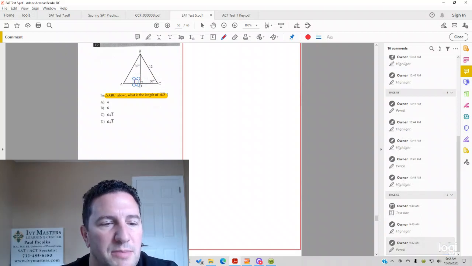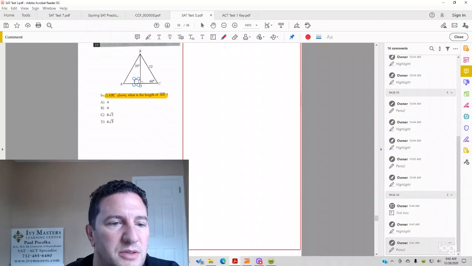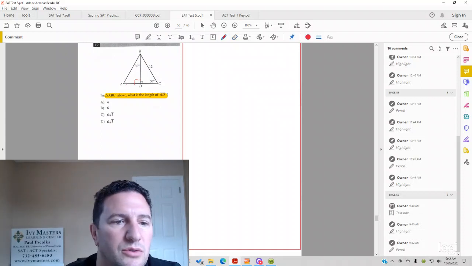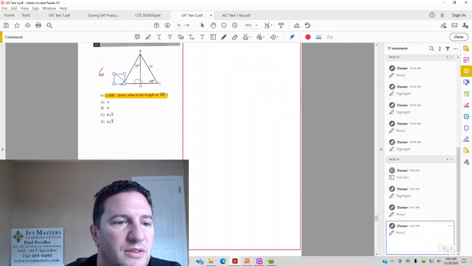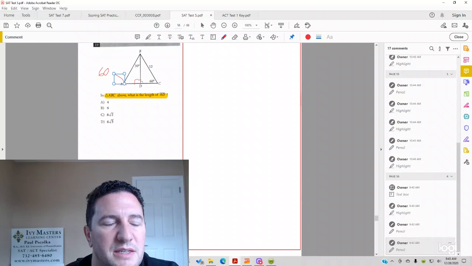And if angle ABD is 30, then this must be 60. That's a terrible 60, so I'm just going to draw a little line there and label that 60. And since you've got 90 degrees at BDC and 60 degrees at angle C, then you know that this angle is 30 degrees right here.